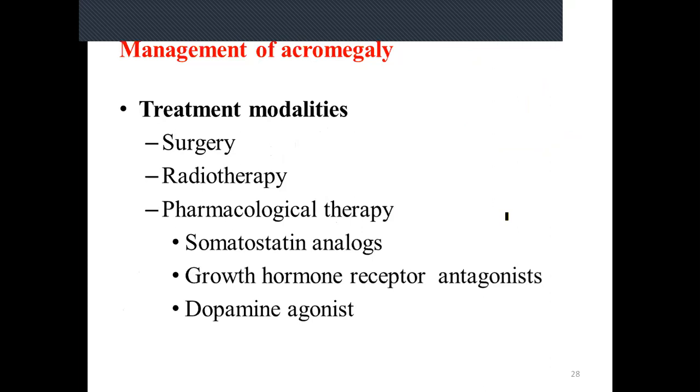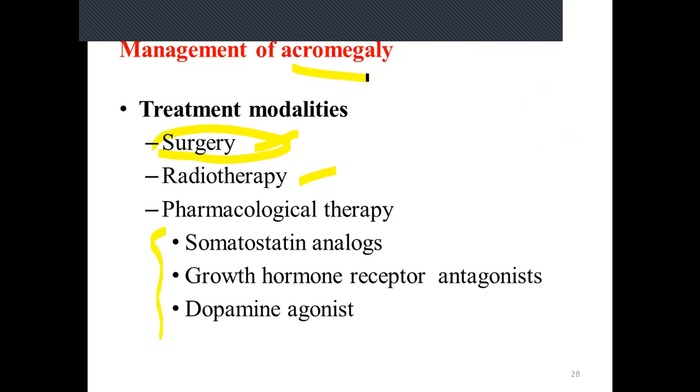So the treatment modalities for acromegaly, we do have the option of surgery, we do have the option of radiation therapy, we do have pharmacological modalities. But mostly, the surgical approach will be the most common treatment modality that should be considered when a patient is having acromegaly, because the most likely cause of acromegaly is mostly an adenoma in the pituitary gland.